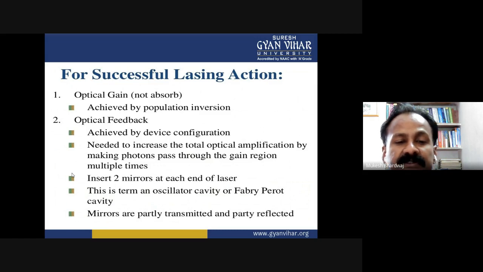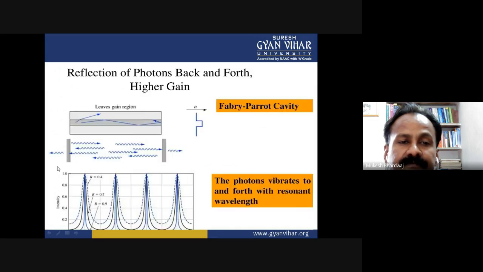This is termed an oscillator cavity or Fabry-Perot cavity. Mirrors are partly transmitting and partly reflecting. Reflection of photons back and forth gives higher gain. The Fabry-Perot cavity is a device to generate the laser action. The photon vibrates to and fro with resonant wavelength.